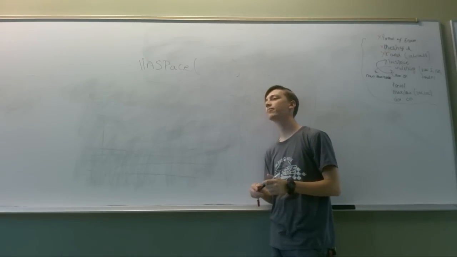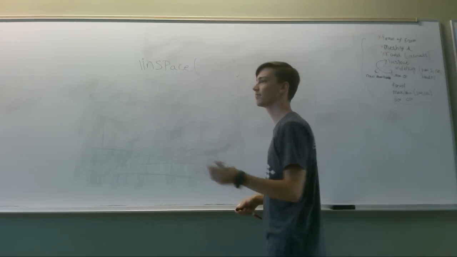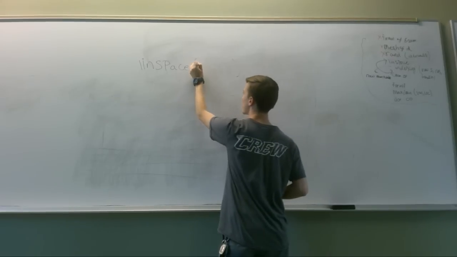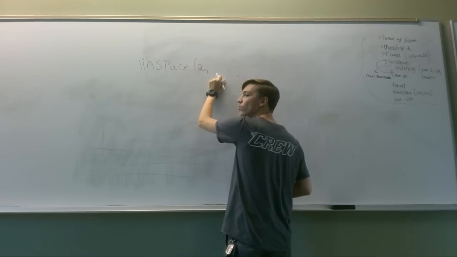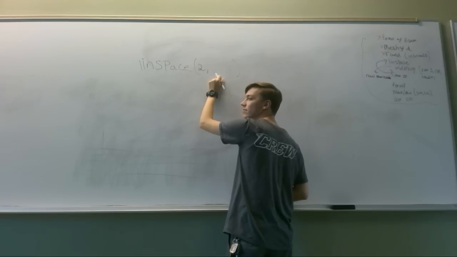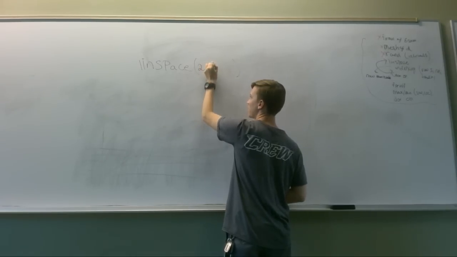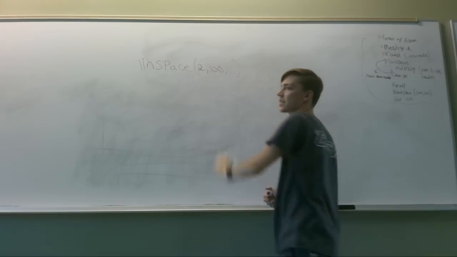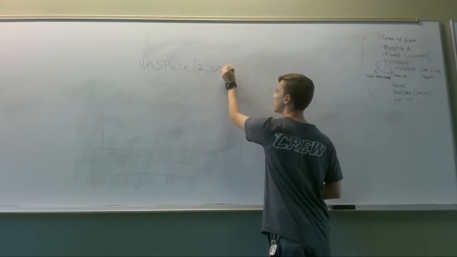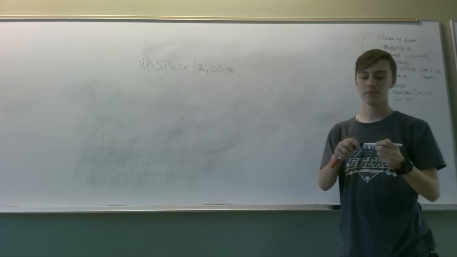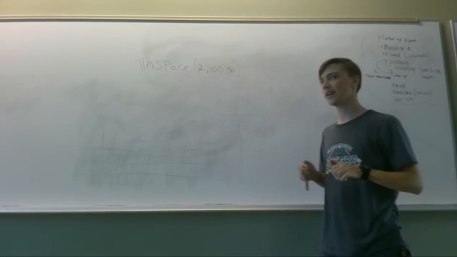So Linspace, the first value is where you start. Let's say we're going to start at 2, and then the second value is where we end. So let's say our final value is 100. What's this last value here? It's what you want to space it out by, so by 50. Right, he's right.